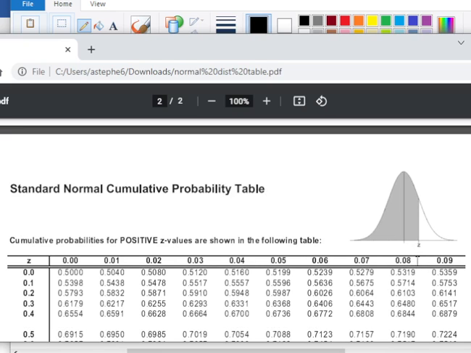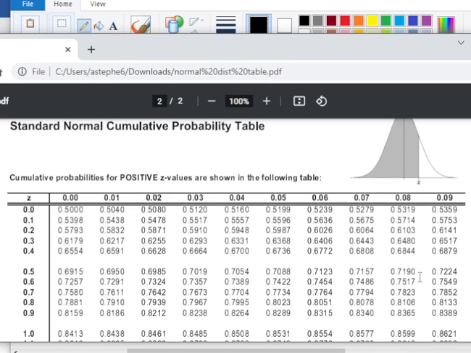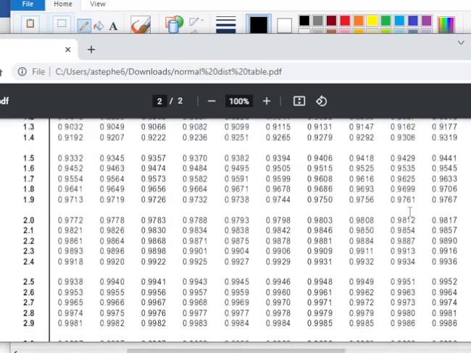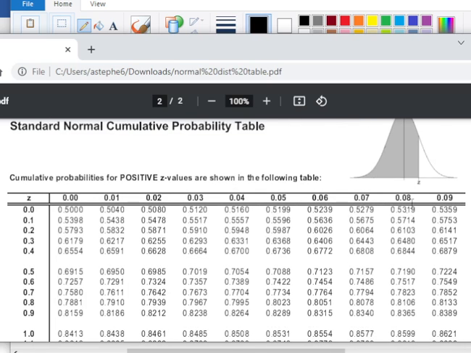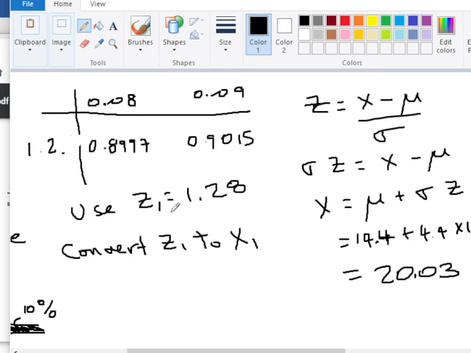Technically speaking, we could add another digit to that, so 1.281 or 1.282, because the 0.9 is closer to this number than this number, right? But for right now, just go ahead and use 1.28, right? So again, you get the first two digits here on the row, and you get that third digit over on the column, the 8. And so what we have is Z1 is 1.28.